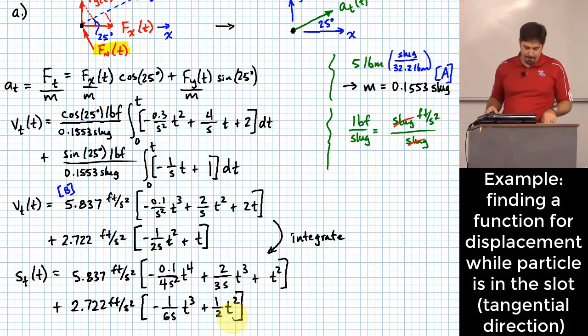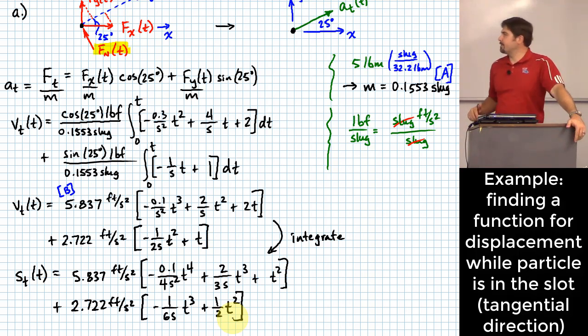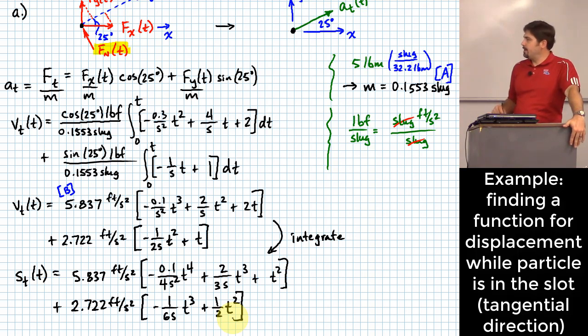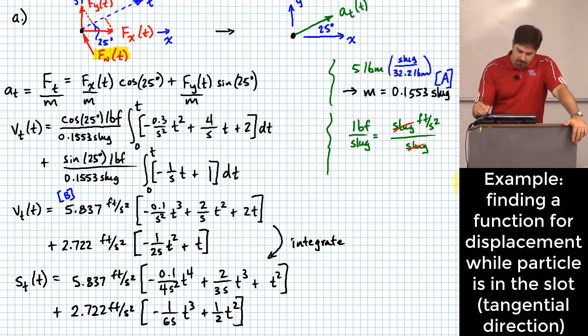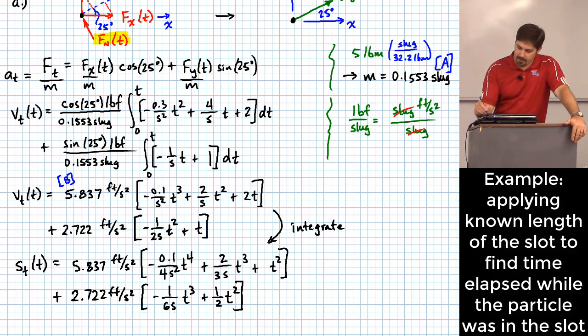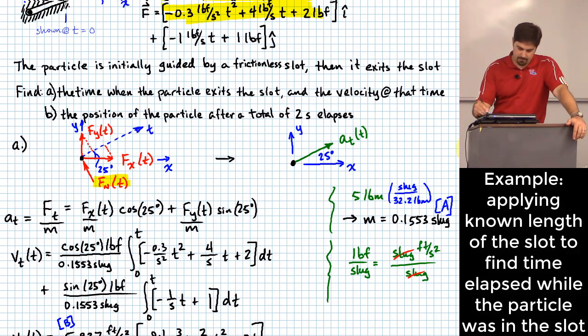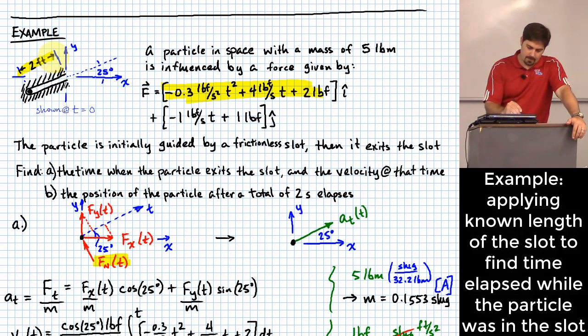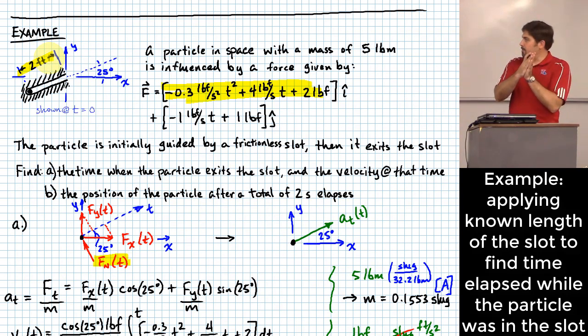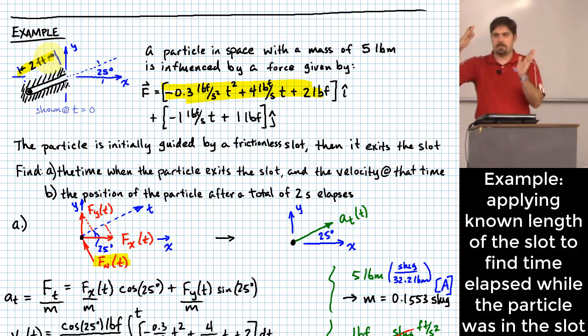All right. Why did all this matter? Well, we had to do all of that because I actually want to find t, right? That's what I'm trying to find, t, when s as a function of t, s sub t, is equal to 2 feet, because I'm basically integrating to find the amount of time it takes to progress 2 feet of displacement.